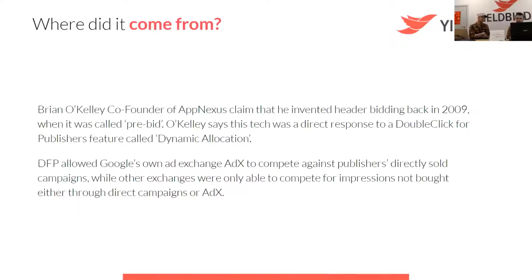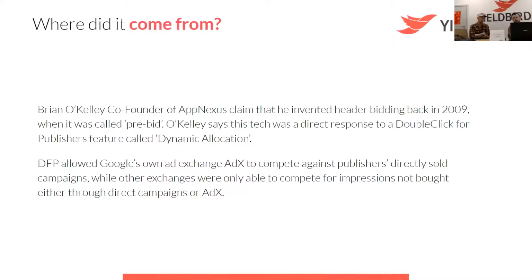They claim to have invented header bidding back in 2009, so already maybe 11 years ago. Maybe it was pre-bid. I heard OpenX said it was their invention too, so there are a lot of claimers of this invention. O'Kelly says they invented it in 2009 when it was actually called pre-bid.